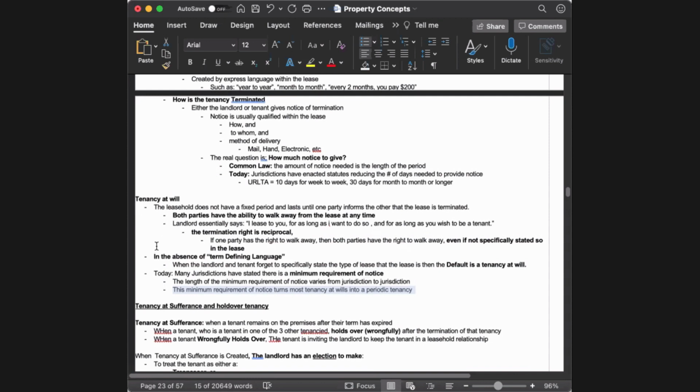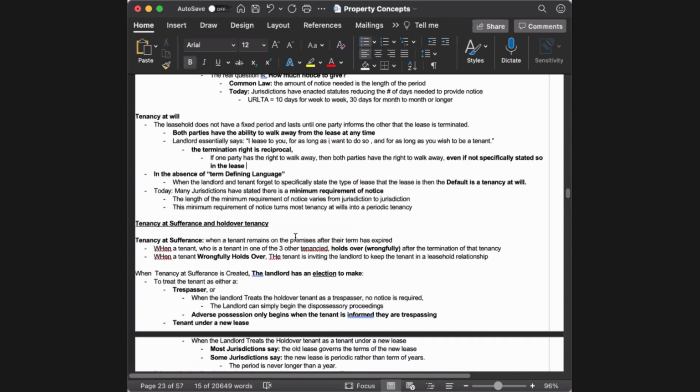In a lot of jurisdictions, if you, for lack of a better term, stupid your way into a tenancy at will, the state fixes it for you and turns it into a periodic tenancy instead. So just be aware of that. It may be impossible to create a tenancy at will depending on your jurisdiction, which is a good thing.